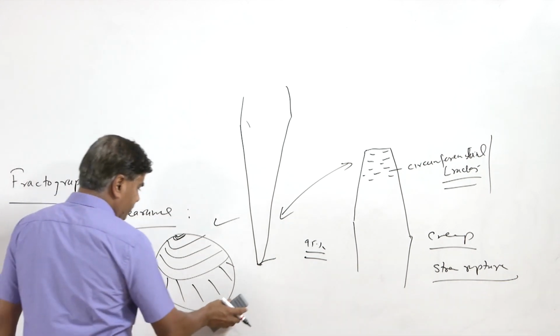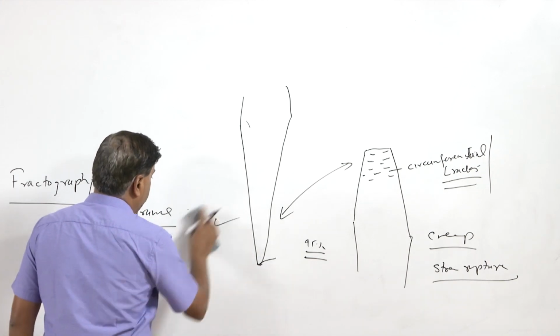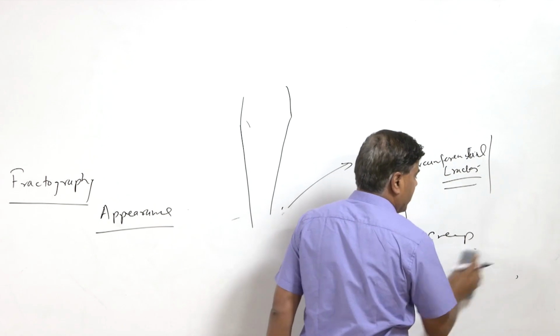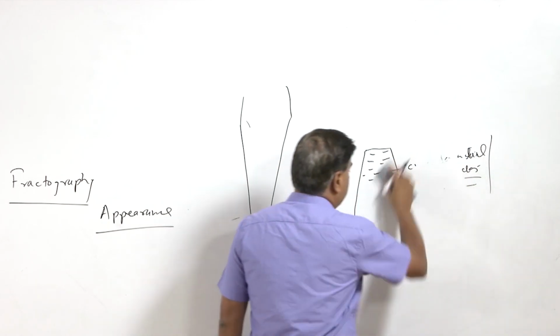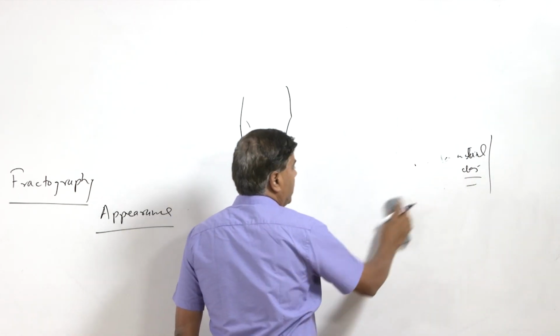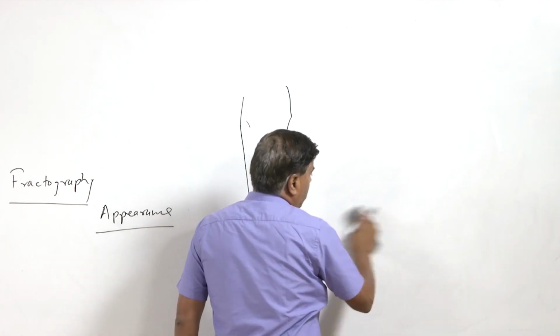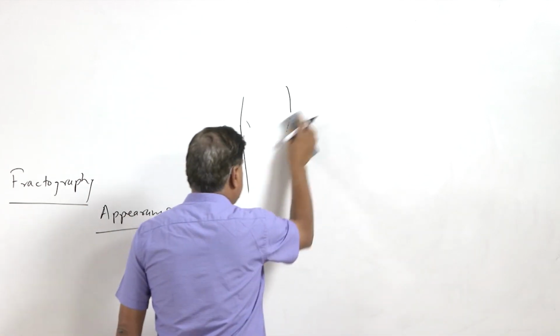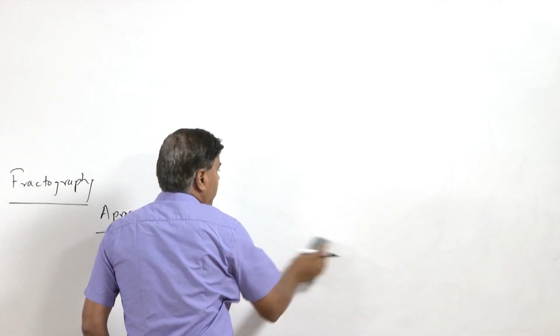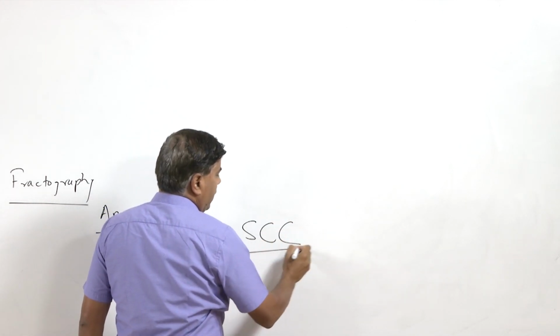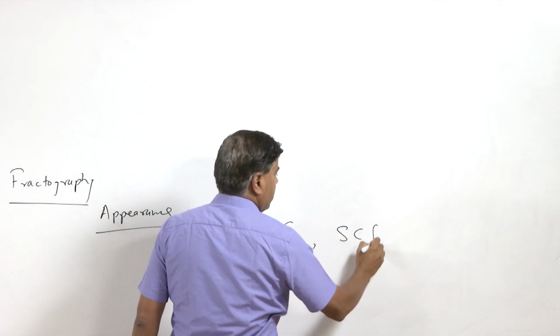Thereafter we have one more type of fracture, which we can call environmentally assisted fractures, wherein if the component is subjected to external loading in a corrosive environment, then it will lead to corrosion assisted fractures, which may be in the form of, say, stress corrosion cracking or stress corrosion fatigue.